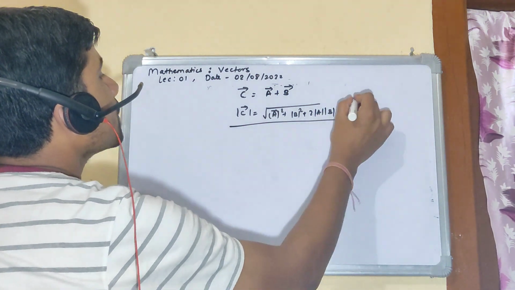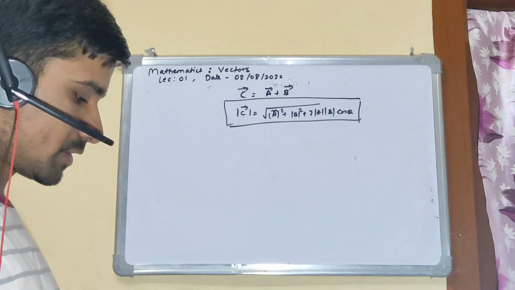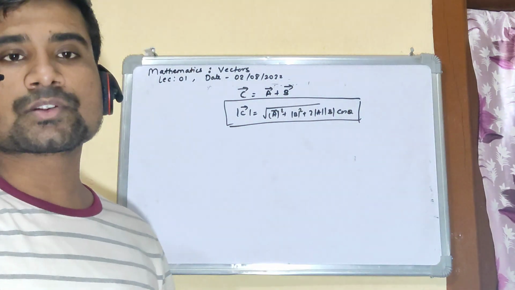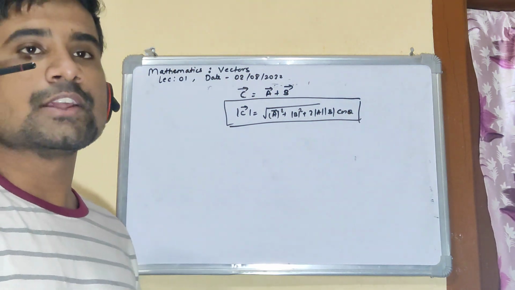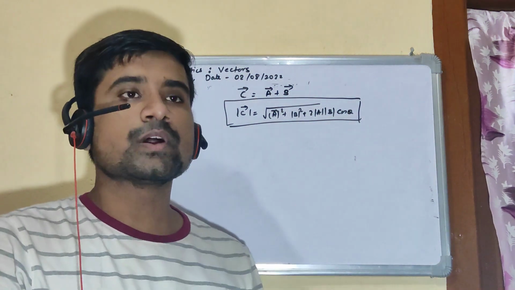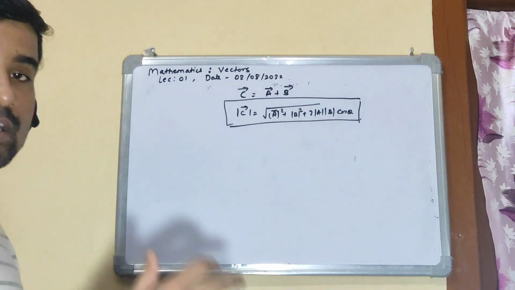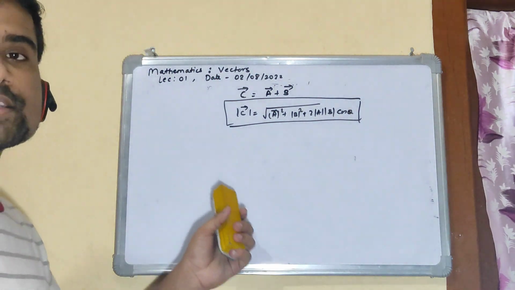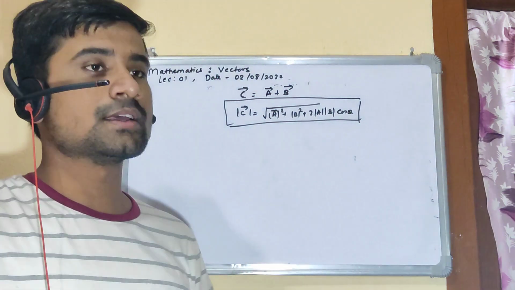So this is the magnitude of C vector. Now this is added to the definition of vector quantity, and I can now define vector quantities as those quantities which have magnitude, direction, and which follow the triangle law of addition.